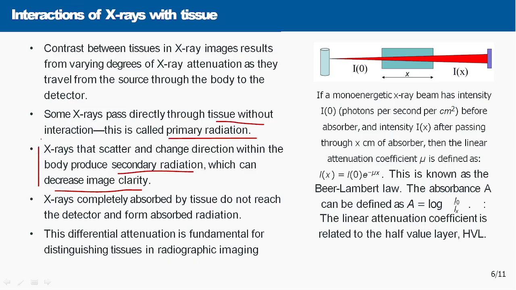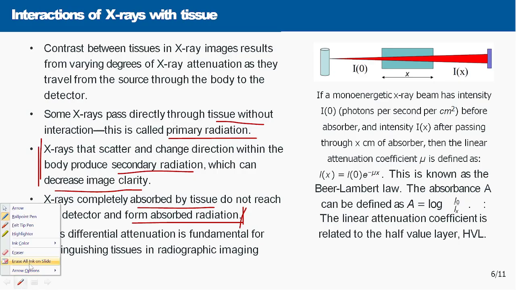And this occurs due to Compton and Thomson scattering. X-rays completely absorbed by the tissue do not reach the detector and form absorbed radiation. Absorbed radiation gives you white areas on the picture. This differential attenuation is fundamental for distinguishing tissues in radiographic images.